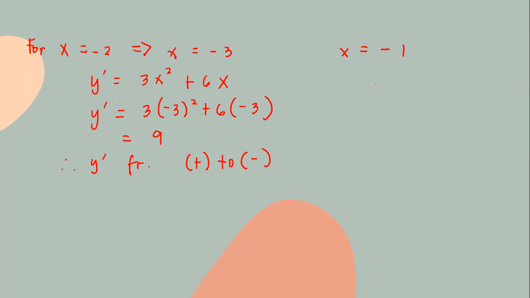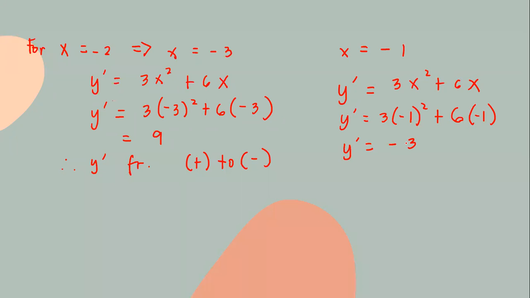If x is negative 1, y prime equal to 3x squared plus 6x, which is 3 times negative 1 squared plus 6 times negative 1. Y prime is equal to negative 3. Since y prime changes sign from positive to negative, then (negative 2, 2) is the maximum point.